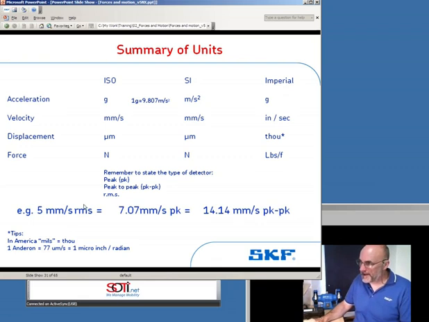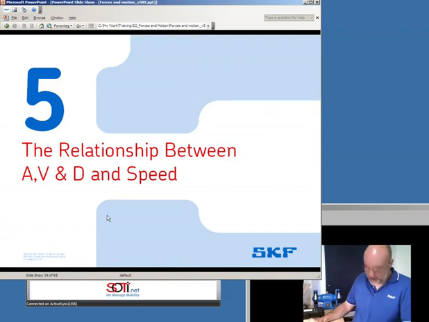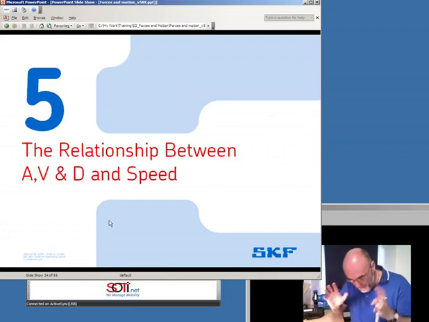So make sure when you're writing down numbers, you write down what's called the detector. So far so good, won't bore you with those. There's some simple conversions. Time's marching on. Which parameter do you choose?